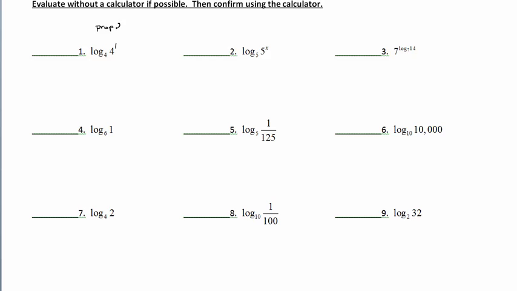Property 2 is the property we're going to look at. Tells us that this answer right here is 1. Base of 4 on the log, a base of 4 on the exponential right here, undo each other. Logs and exponentials with the same base undo each other. We're left with what's in the exponent position of 1.